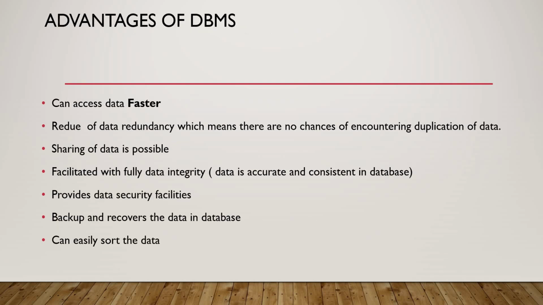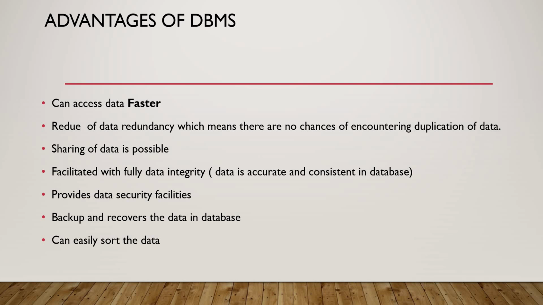Advantages of DBMS. Once you have DBMS, there are lots and lots of advantages. For example, if you want to search a telephone number from the telephone directory, it's very easy to search. You can access the data very fast, because in a telephone directory it's in ascending order.